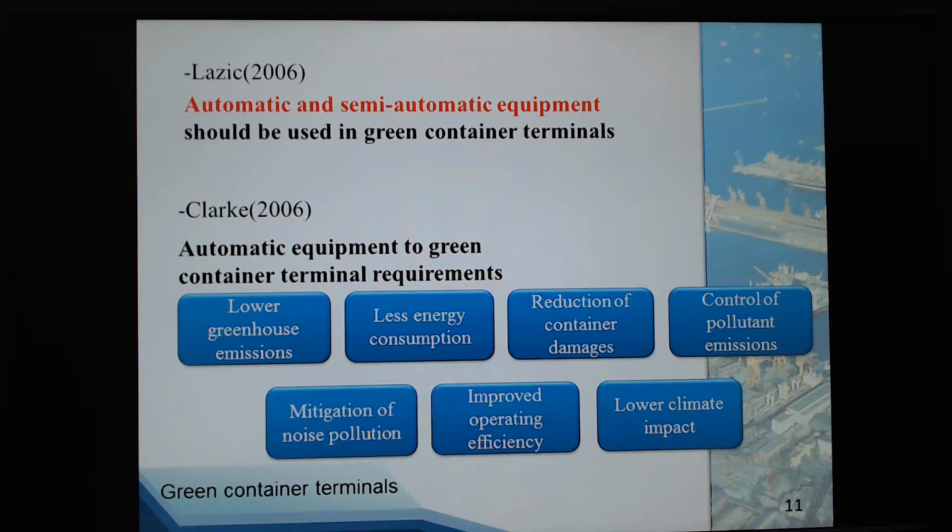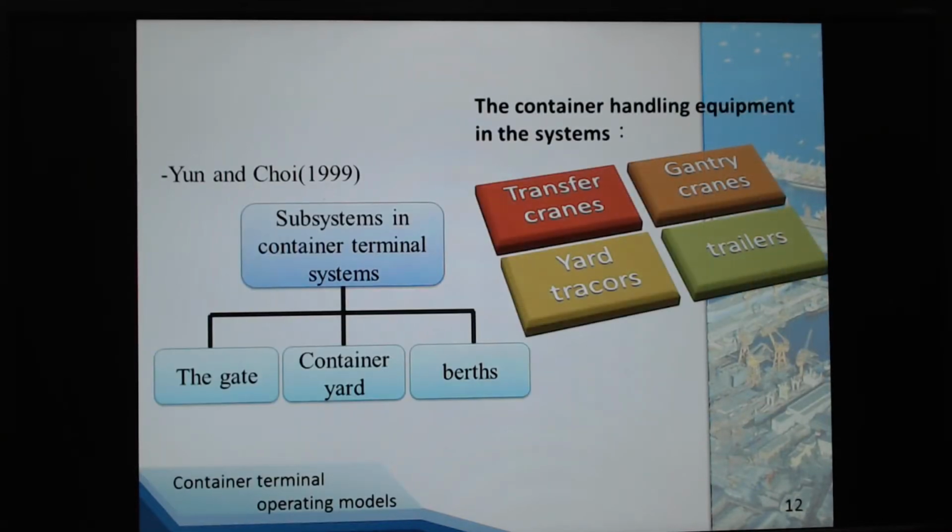They think automatic or semi-automatic equipment could be used in a green container terminal. Normally a container terminal includes the gate area, the container yard area, and the berth area, so they can use yard trailers, gantry cranes, and transfer cranes.